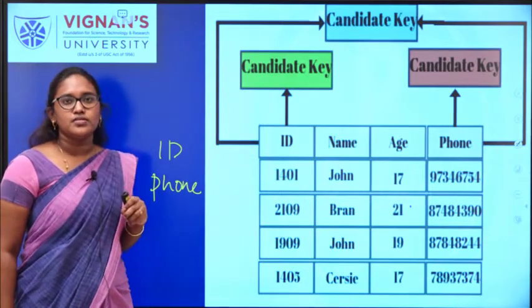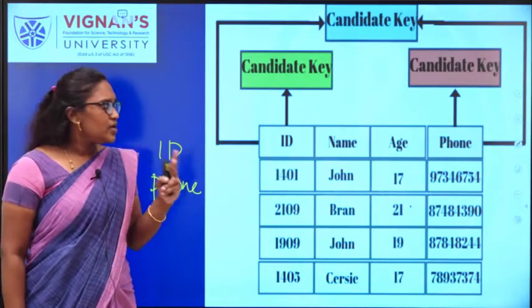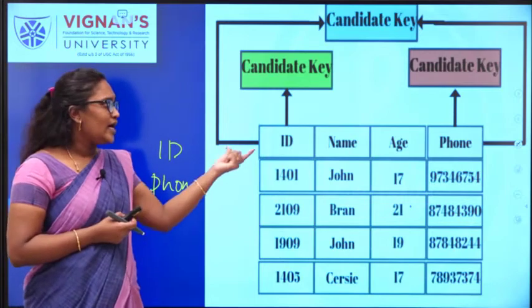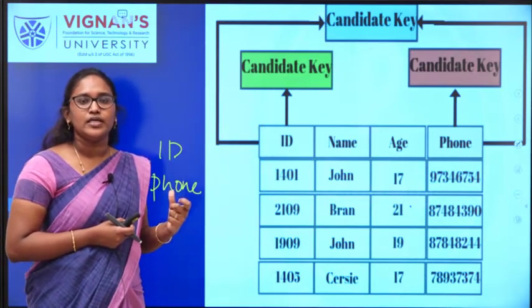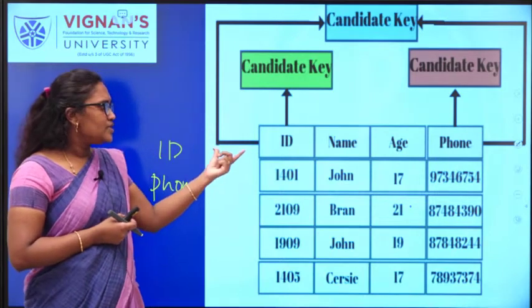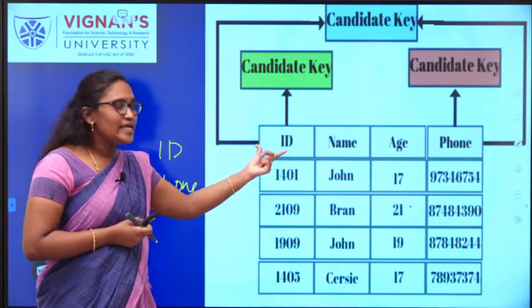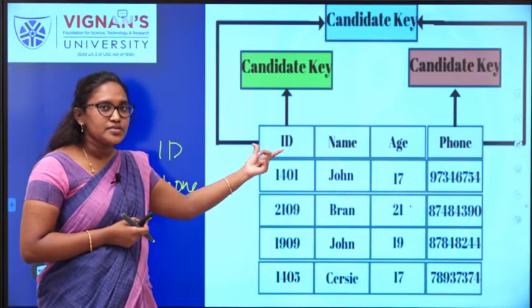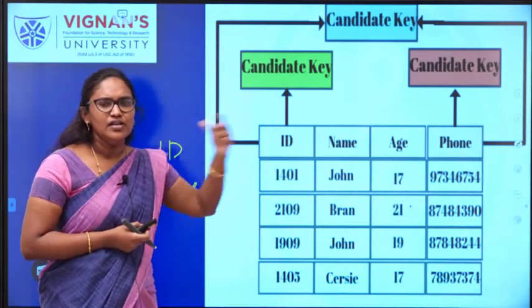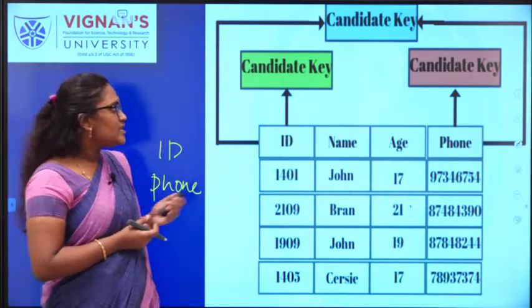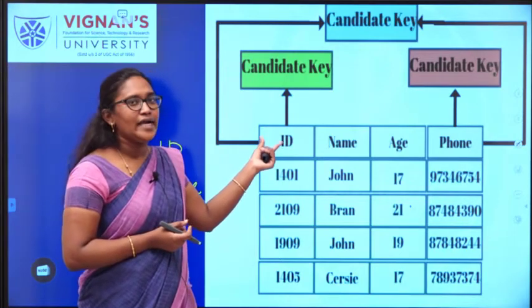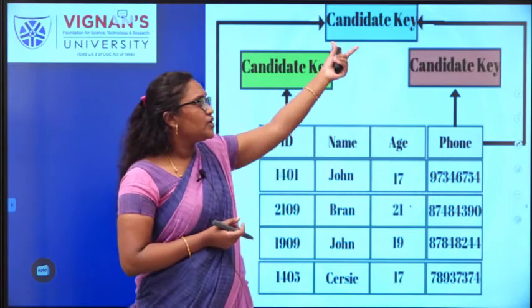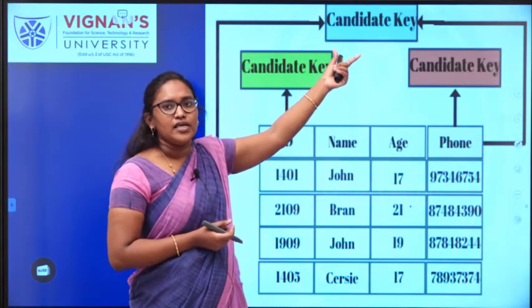Consider two students. The ID details and phone number will be very unique, right? So obviously the uniquely identifying attributes here are ID as well as phone number, right? That is the reason we call the combination of ID and phone number together a candidate key.